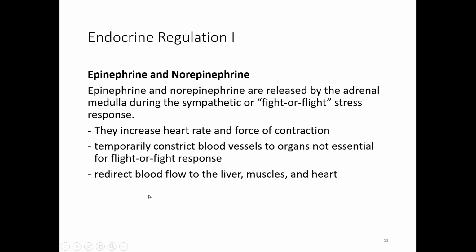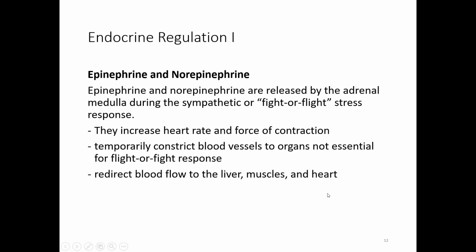So, most of the blood flow will be redirected to the liver, which provides us with glucose. It starts releasing glucose, delivering to the cells for energy.